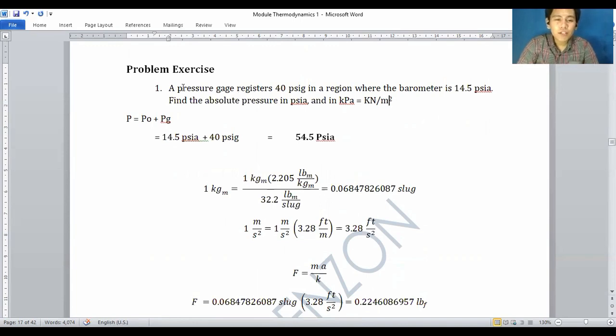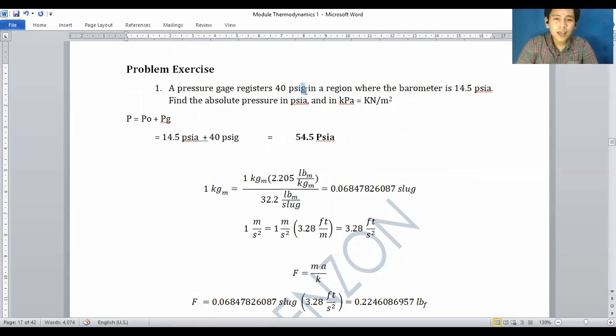Now, here we have a pressure gauge reading of 40 psig and a barometer of 14.5 psia, which indicates the atmospheric pressure. We can simply use the general equation: absolute equals atmospheric plus gauge pressure. Why? 14.5 psia and 40 psig are equal in unit.